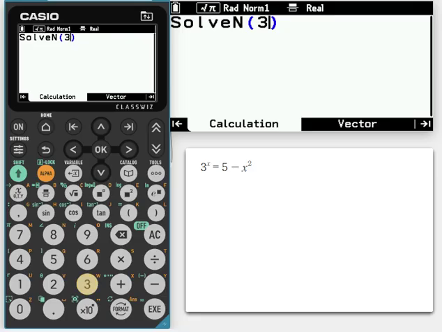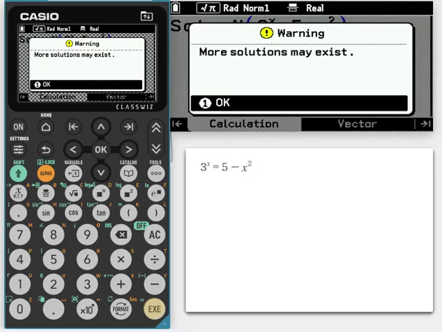So 3 to the power x, go down to the line, is equal to, and the equal is shift, left bracket 5 minus x to the power 2, and you press EXE.